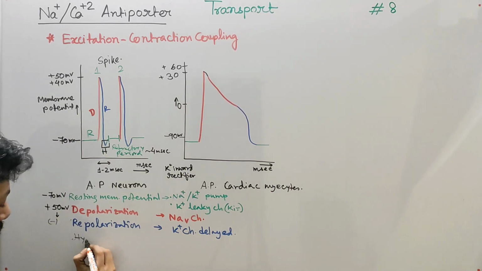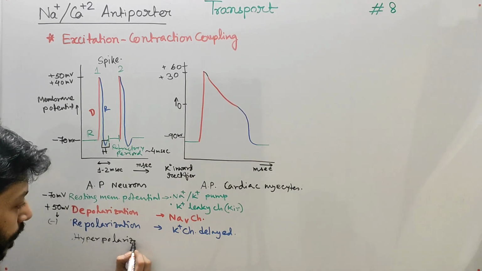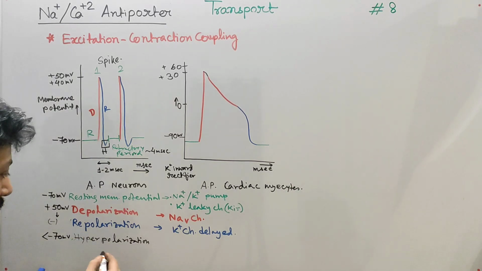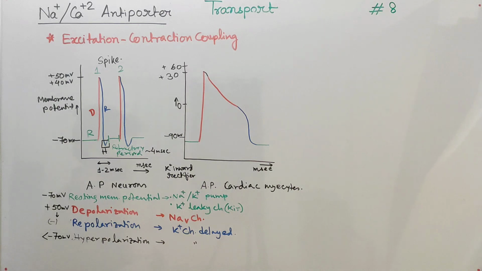I have written here in black color, hyperpolarization. Here the value of the membrane potential becomes less than minus 70 millivolt. That's why it is called hyperpolarization. This hyperpolarization also occurs due to the delayed potassium channels.